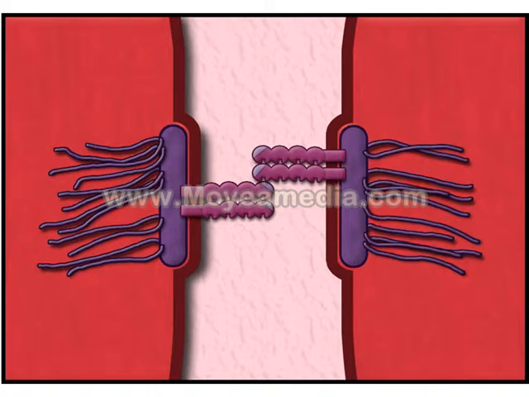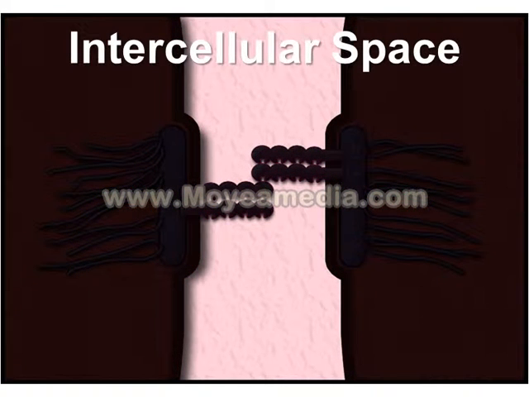Ultrastructurally, you have attachment plaques and fibrils. The intercellular space is where the 2 structures connect.